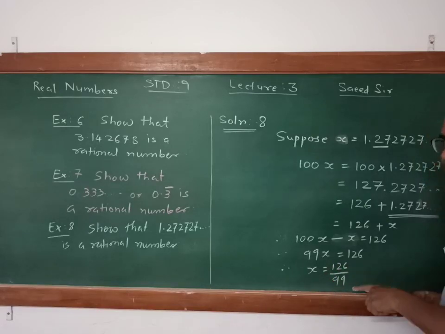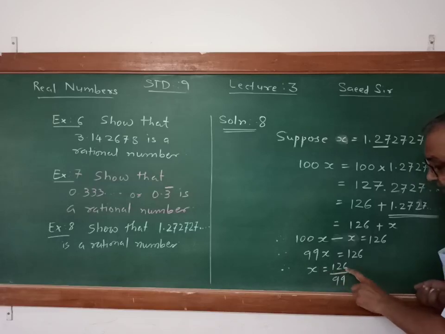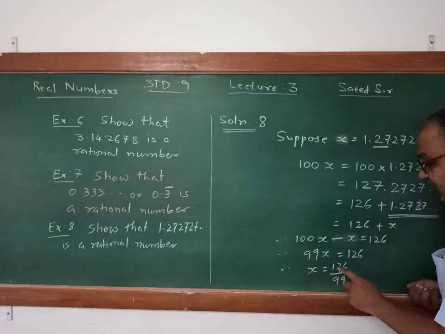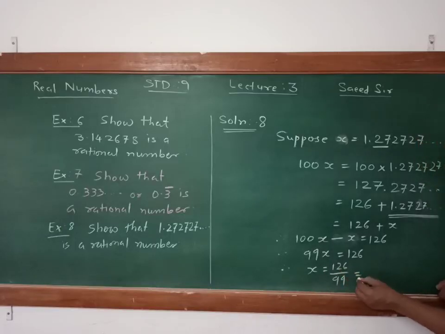We can simplify this. Let me check, is this divisible by 3? Yes. 6 is divisible by 2, but this is also divisible by 3, because 6 plus 2 plus 1 is 9, and 9 is divisible by 3. Therefore 126 is also divisible by 3.